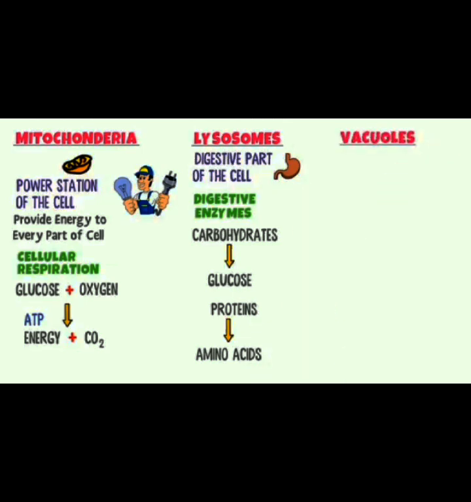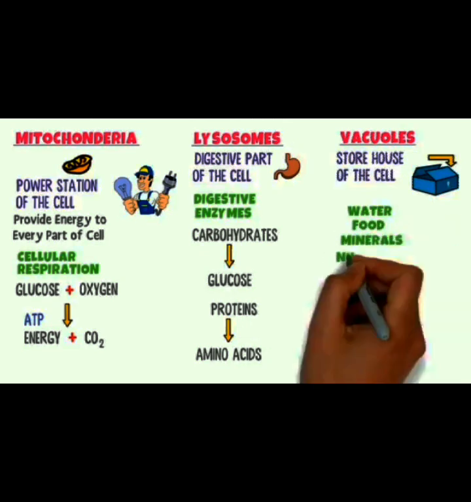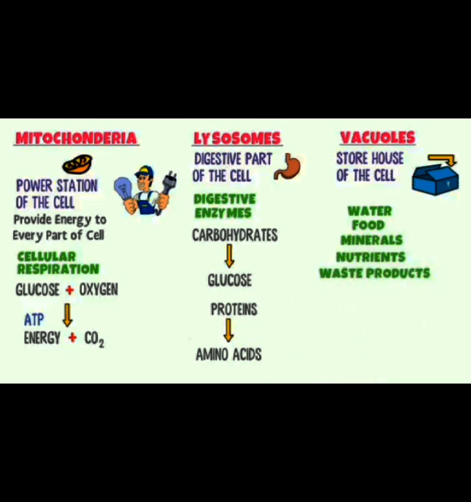Well, vacuoles are called the storehouse of the cell because vacuoles store water, food, mineral salts, nutrients, waste products, etc. The size of vacuoles may vary in different organisms. For example, in an animal cell, there are many smaller vacuoles, while in a plant cell, there is only one large vacuole. Now, what about animal and plant cells? Well, to learn about them, watch our next lecture.